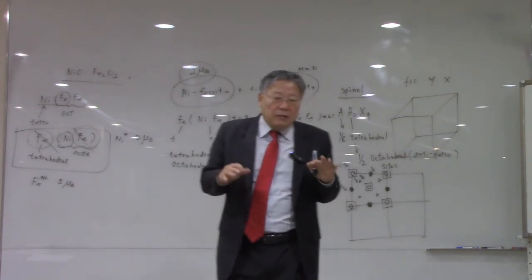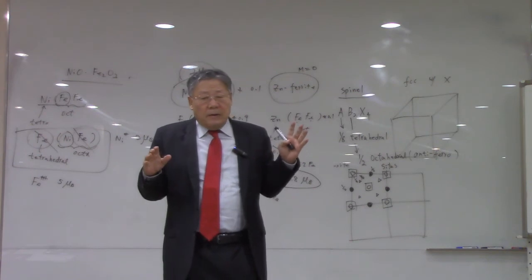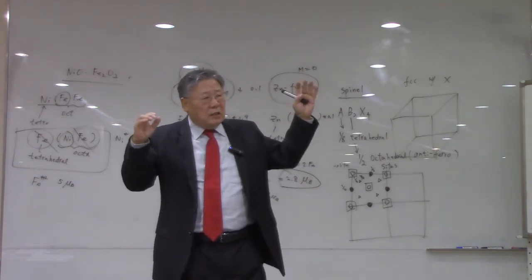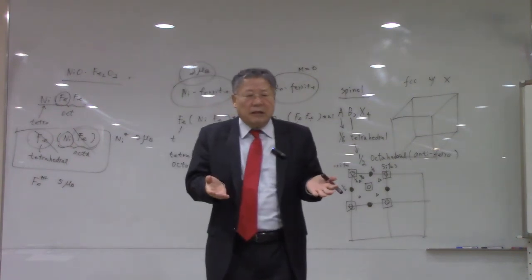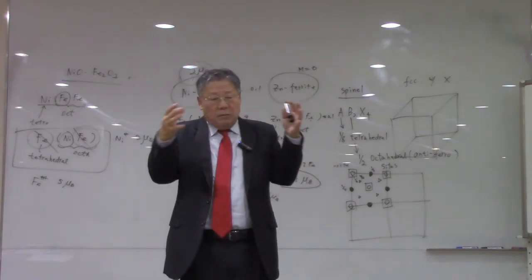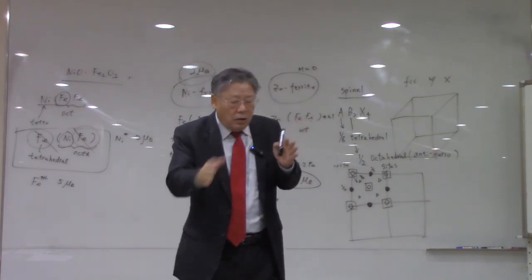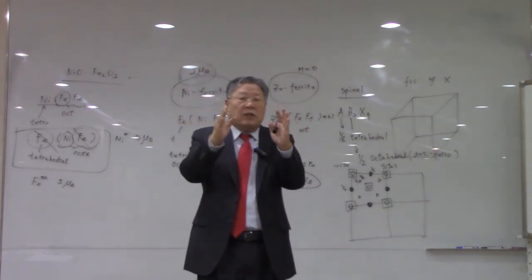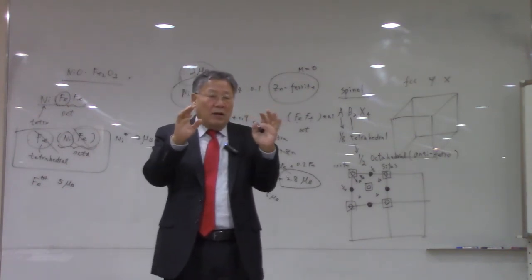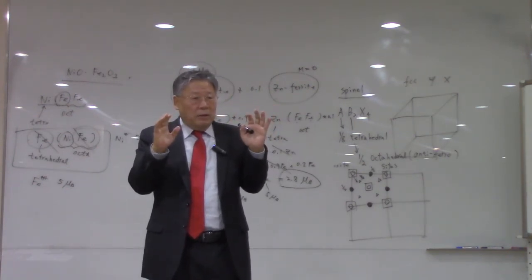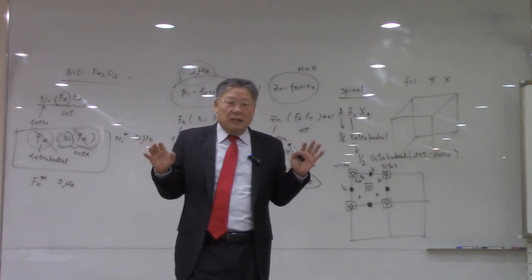So if that happens in the ferromagnetic materials, then by nature, if we give the materials enough time, the magnetic materials should have all one direction alignment, so that it should show a very, very high magnetic moment. But that's not going to happen in reality.